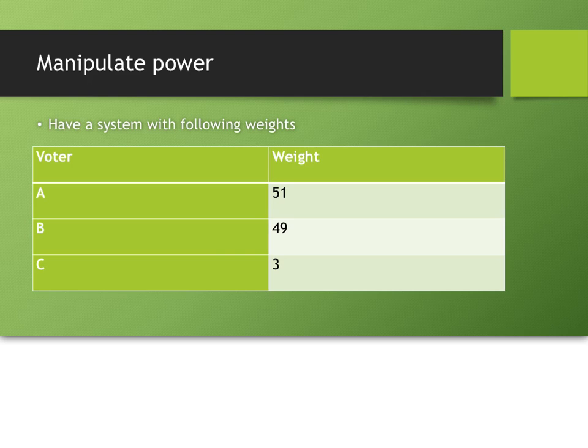And you're never going to be able to give C more power than A, but you could rig the system so C has as much power as possible anyways. And you could rig the system so that C doesn't have very much power. So if you were A and B, maybe you want to rig the system so C doesn't have any power. If you're C, maybe you want to rig the system so you do have a lot of power.